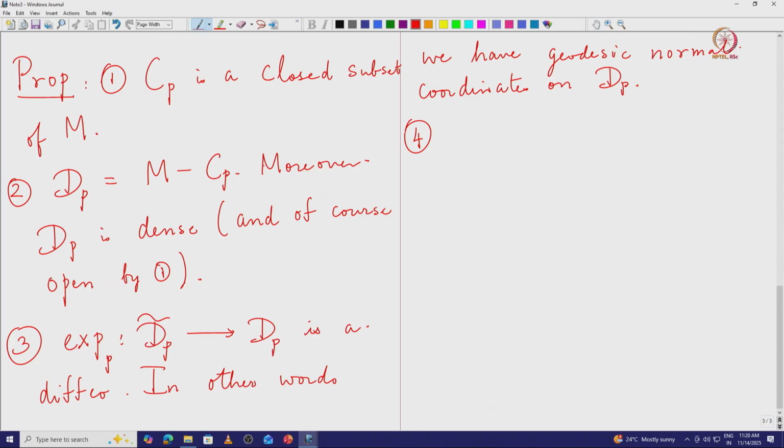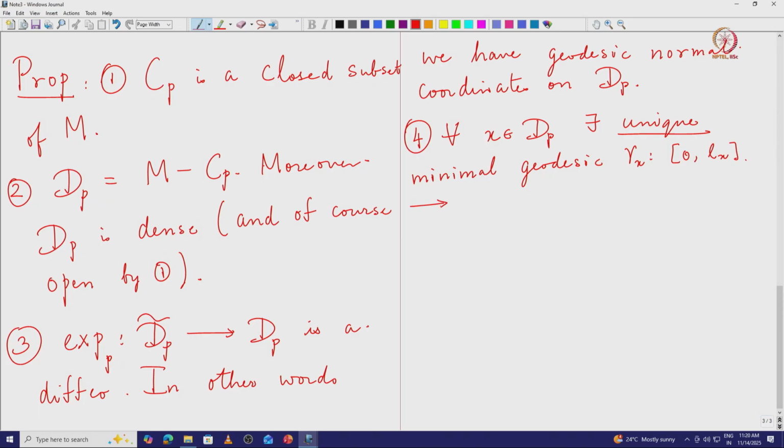And the fourth point is that for all x in D_p, there exists a unique minimal geodesic, which I will denote by gamma x from 0 to L_x, such that gamma x of 0 is p, gamma x of L_x is x, and L_x is precisely the distance from p to x.